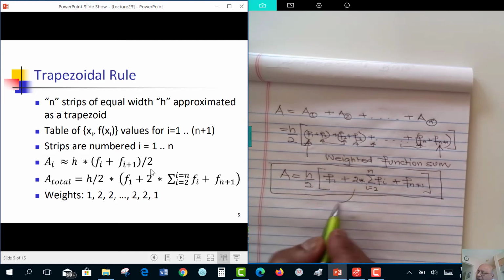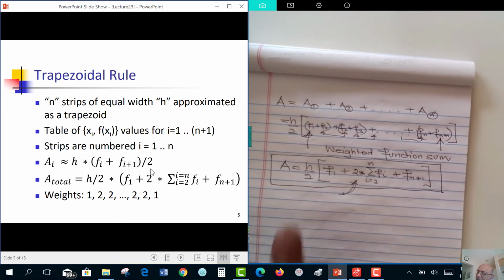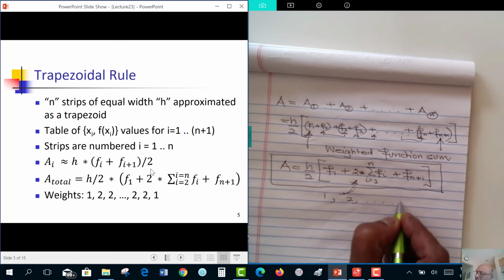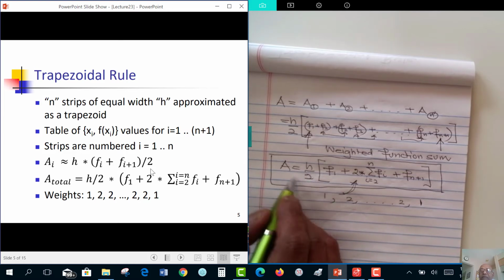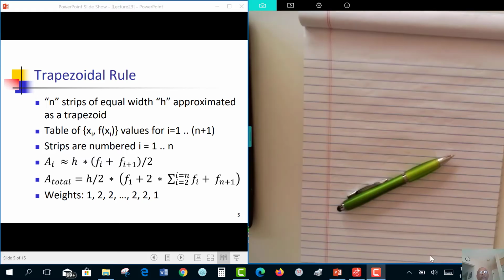Another way of looking at this, as I just told you, is that this is a weighted function value sum, where our weights are 1, 2, on and on, and 1, and we have a multiplier up front of h by 2. Okay, so let's see what we have done.